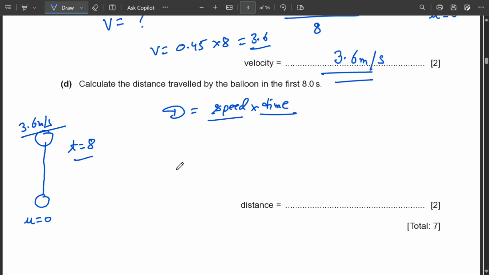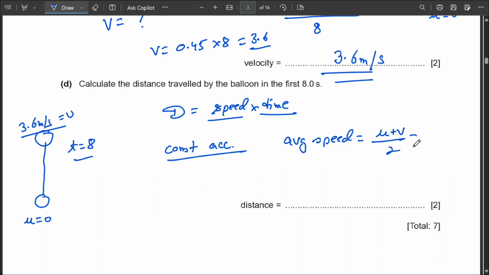You should know that this balloon is undergoing constant acceleration. So in case of constant acceleration, the average speed is given by u plus v by 2. u is 0, so this is 3.6 by 2, which is 1.8.